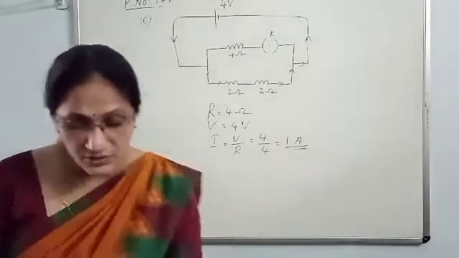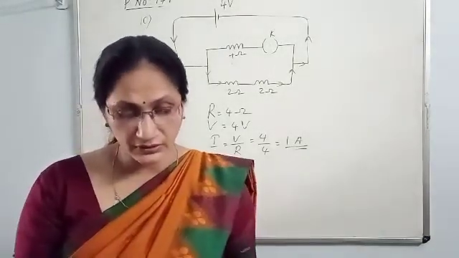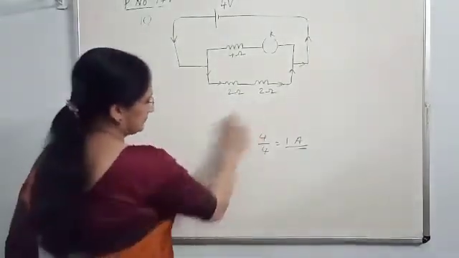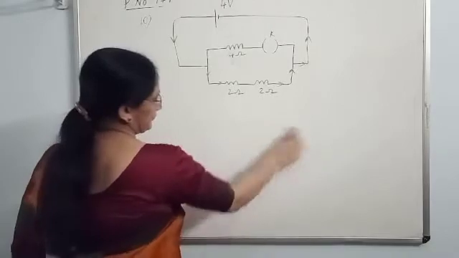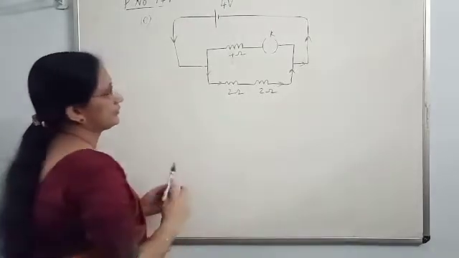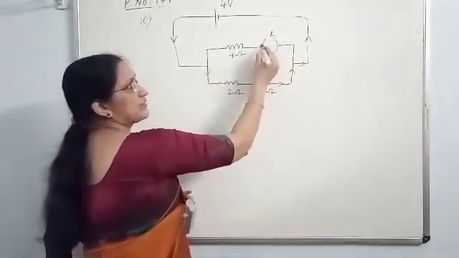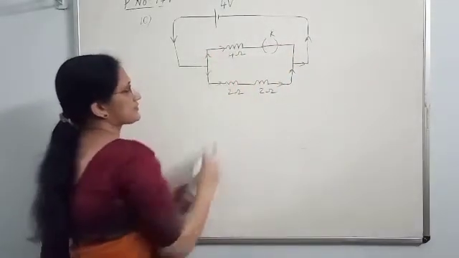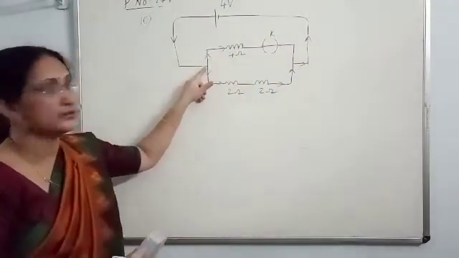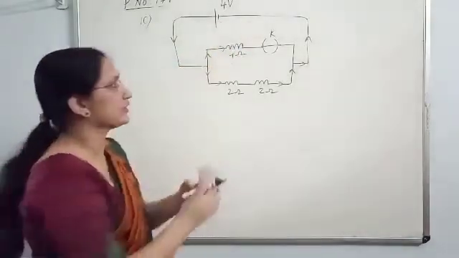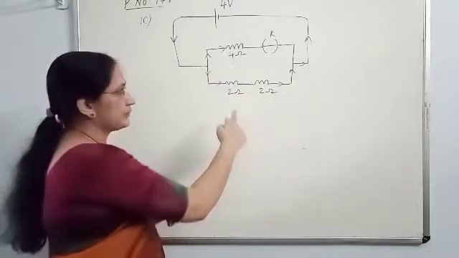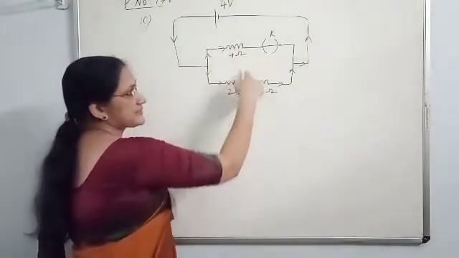Now, when the key is closed, what will be the total resistance? When the key is closed, this circuit will be working, which means current will split in 2 parts at this point. That means this branch will be working. So total resistance will change now, because these two branches are in parallel.